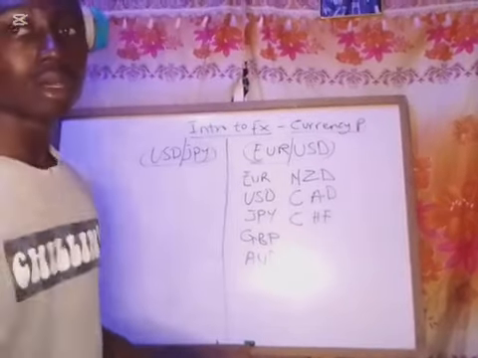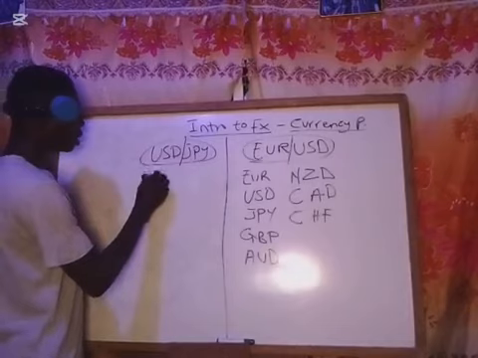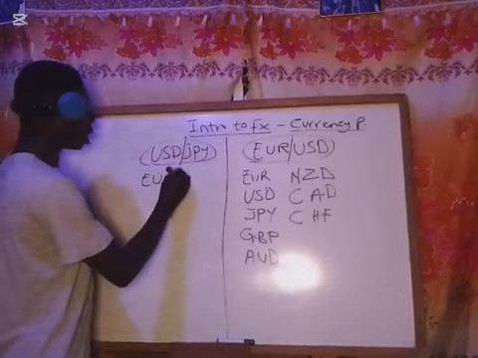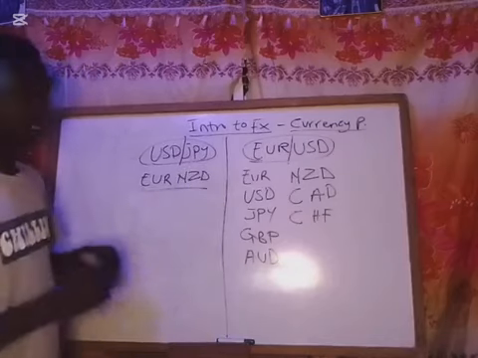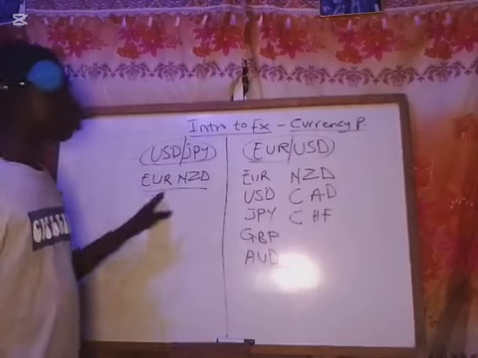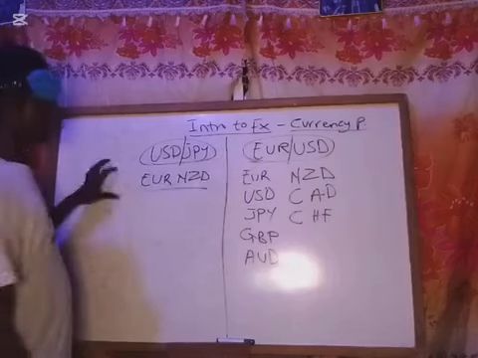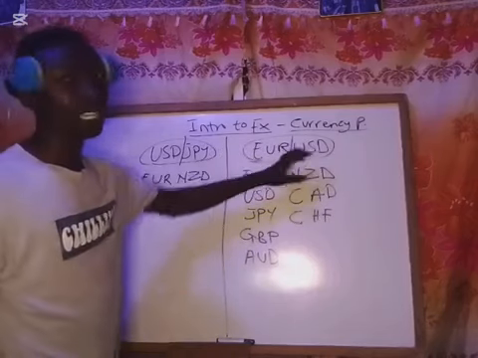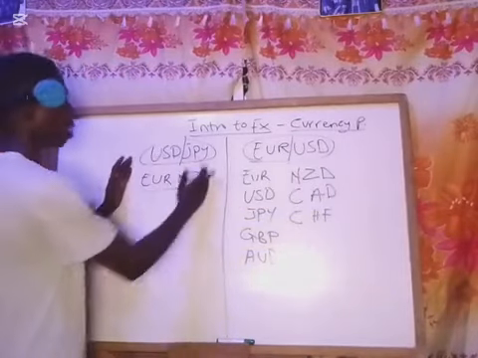Good. Now, let me give you this scenario. When you see something like Euro NZD, this is a pair. Euro, a currency code, together with NZD, New Zealand dollars, becomes a pair.